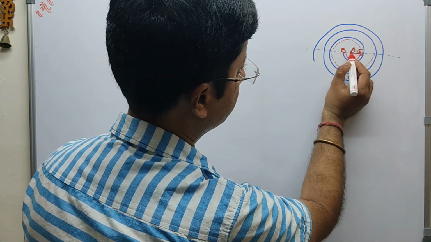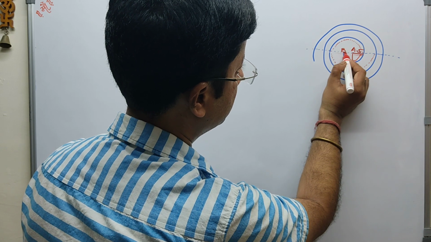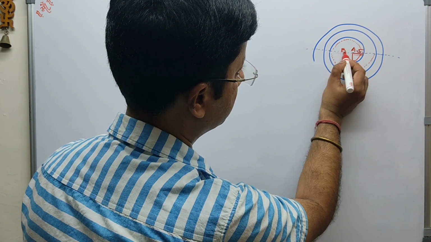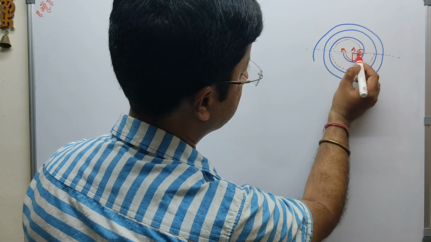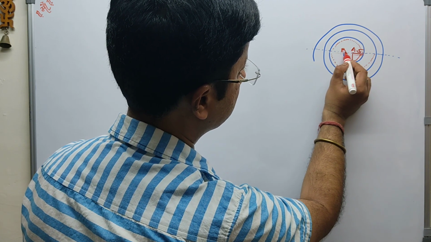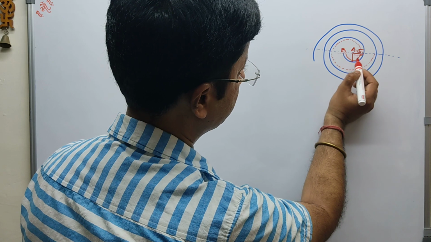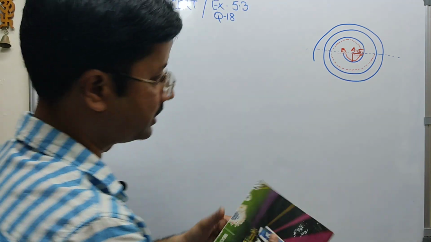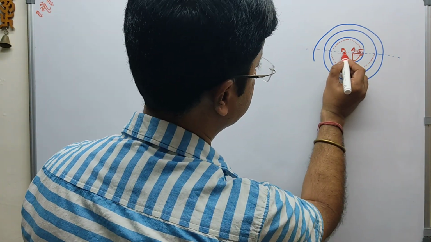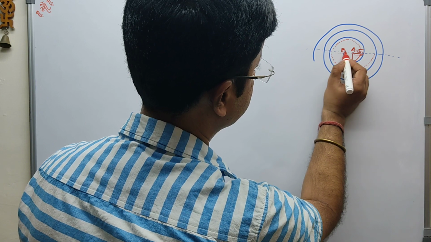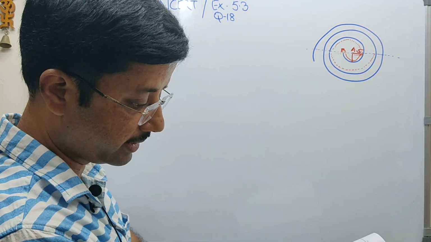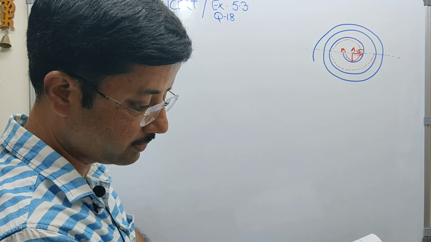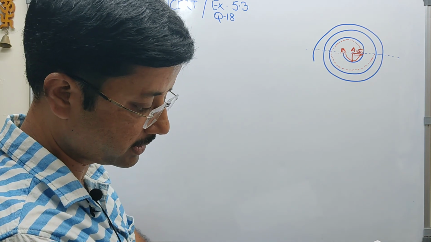Again the bigger circle, this is the smaller circle, again the bigger circle, this circle has a radius of 1 centimeter, it increases to 1 centimeter. The radii are 0.5 centimeter, 1 centimeter, 1.5 centimeter, 2 centimeter as shown in the figure.